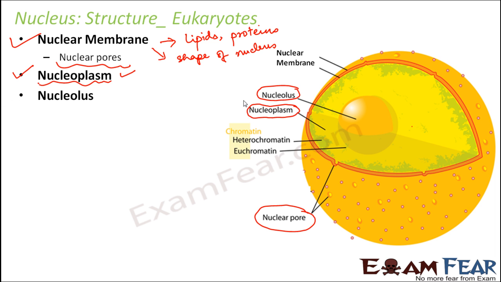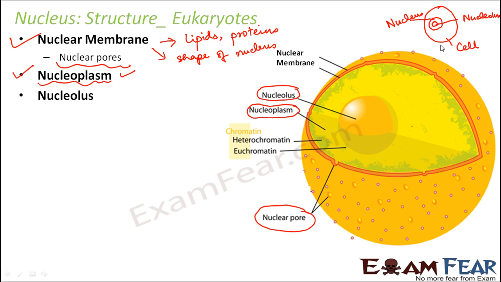Next is the nucleolus. This central structure is the nucleolus. It is something like this. You have a cell. Somewhere towards the center of the cell you have the nucleus, and at the center of the nucleus you have the nucleolus. So this is your nucleolus. This one is the nucleus, and this entire thing is the cell.